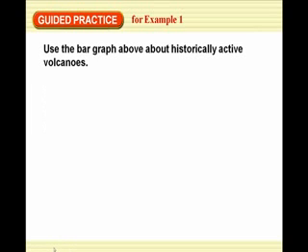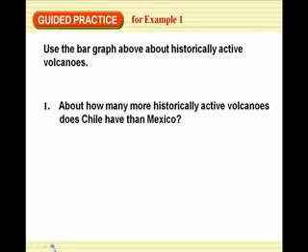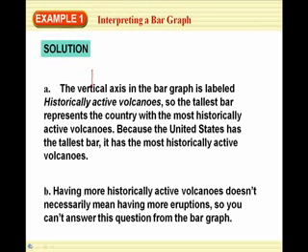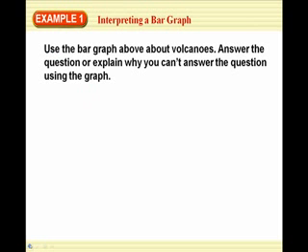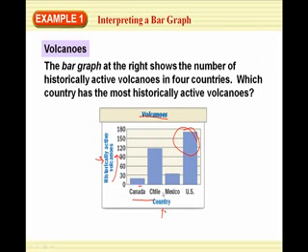So guided practice example 1, use the bar graph above about historically active volcanoes. About how many more historically active volcanoes does Chile have than Mexico? Let me go back to the graph. I'm going to figure out how much each has.